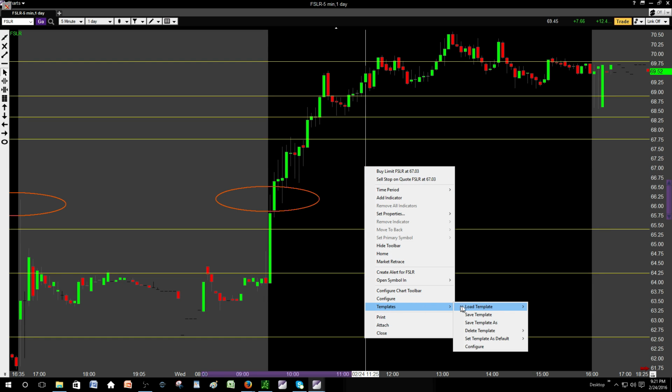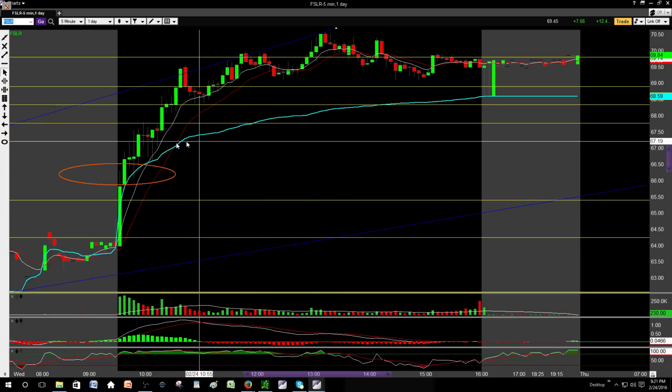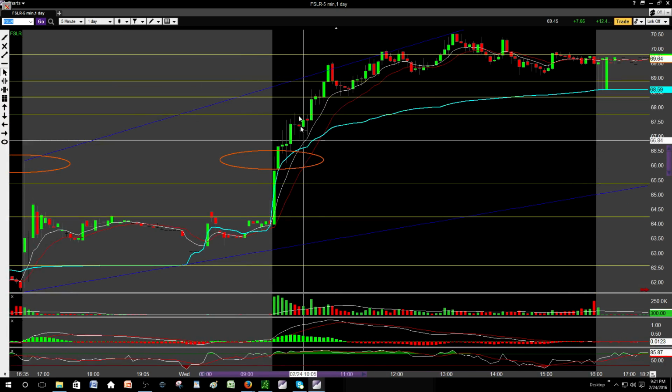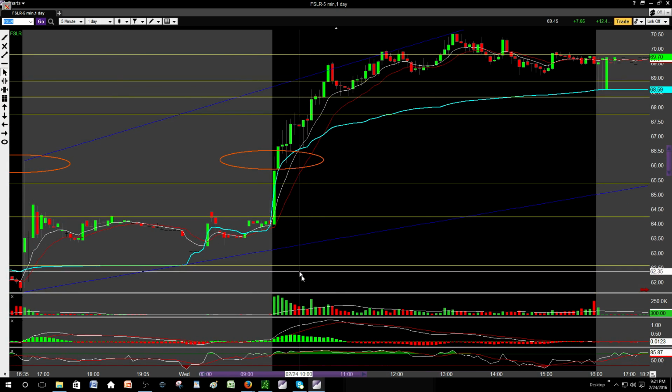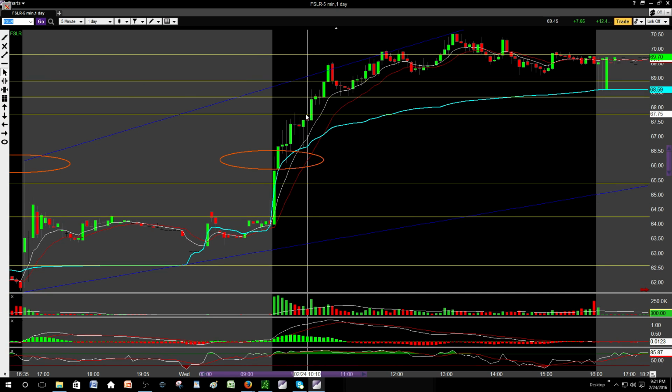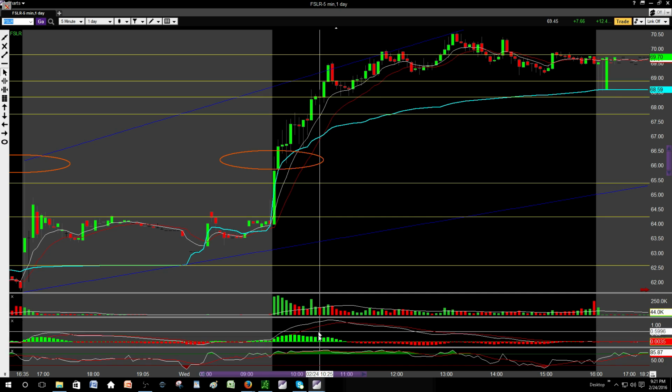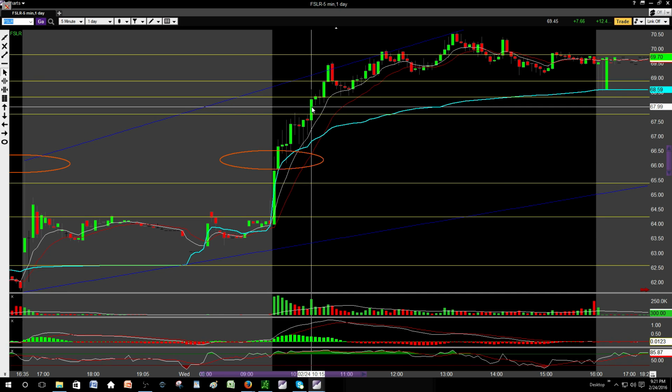Let me load back this template and I'll show you what I mean. In this area over here, when the volume came down right there, it just blasted with a new set of volume here. And that is where I got stopped out, into this candle over here, at 68, I think it was. That blast is what did it in for me.